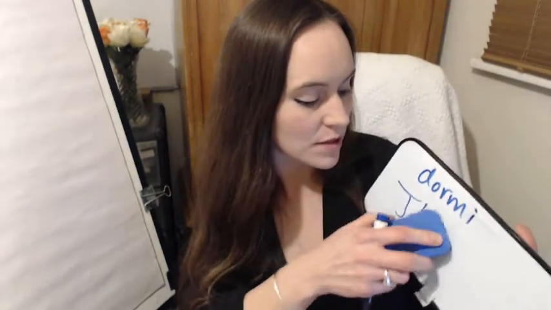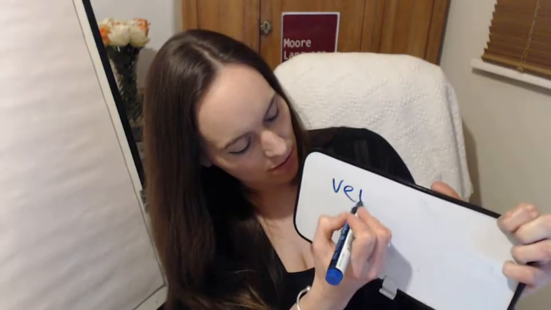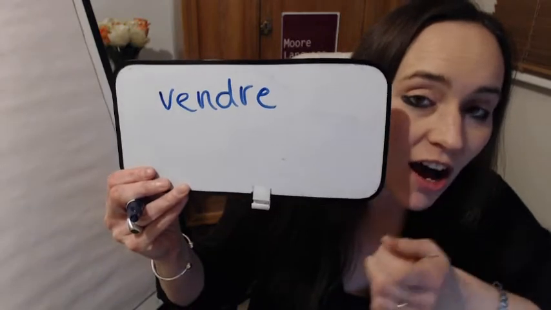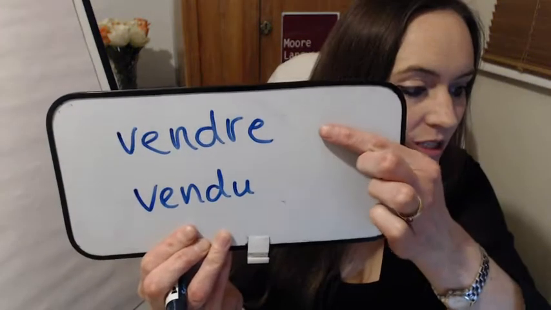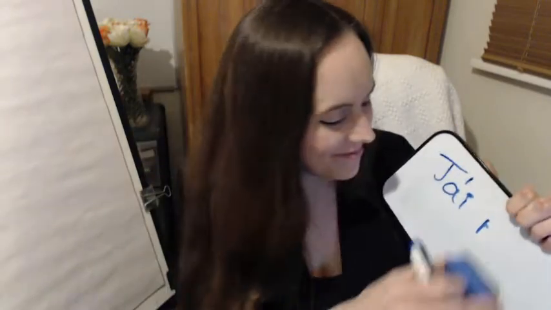And then verbs that end with RE, when they're regular, like this verb vendre, which means to sell, the RE ending changes to U. That's the infinitive verb, that's the past participle. So if I want to say I sold my house, I have sold, you use avoir, j'ai, excusez-moi, j'ai oublié le verbe en fait.